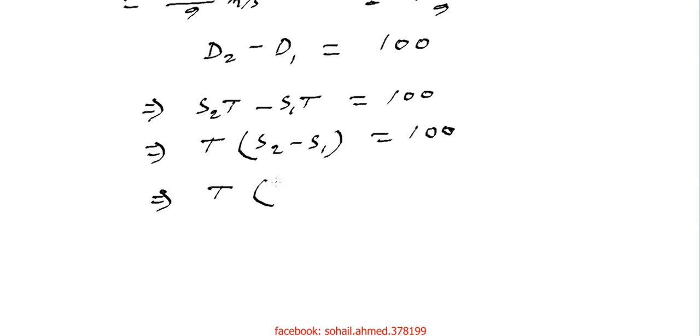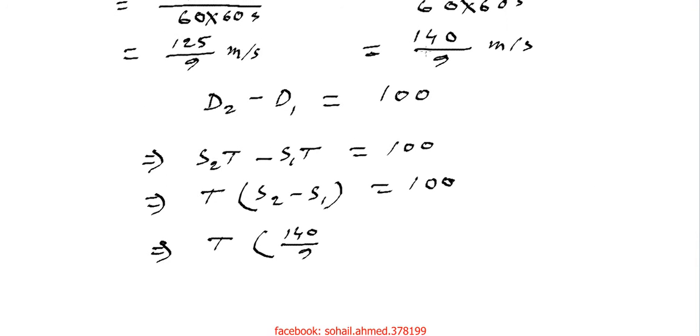Implies t times s2, which is 140 by 9, minus s1, which is 125 by 9, equals 100.